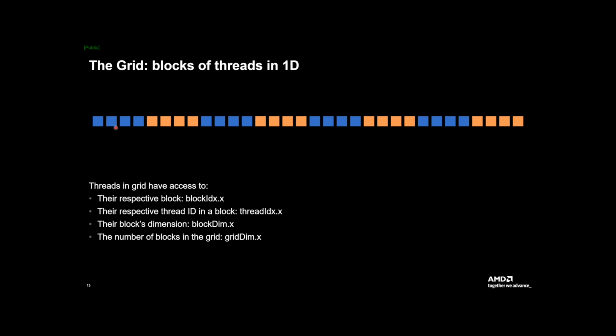So this is what the thread is here. The block dimension is here, like 4, and the number of blocks in the grid, here for example, is 8. So you have some variables that can help you identify your location, to define the global location, in 1D or 2D, as we'll see in the next one.